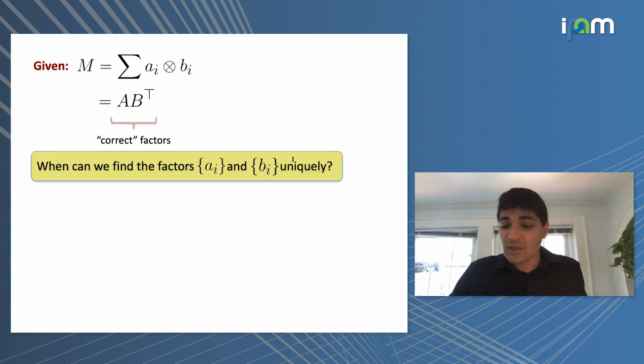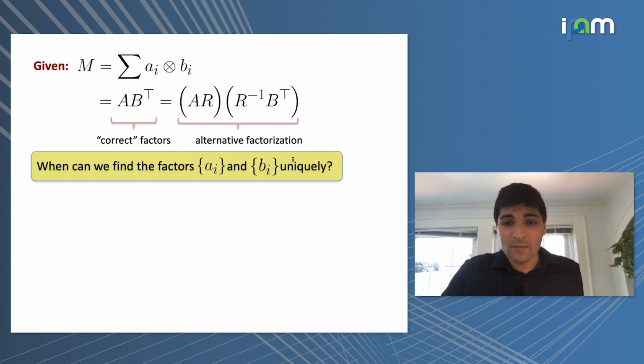So the basic question that we're now faced with is a uniqueness question. Because even if we have access to the left-hand side, and even if there is some nice correct factorization that writes M as A times B transpose, who's to say we can find it uniquely?